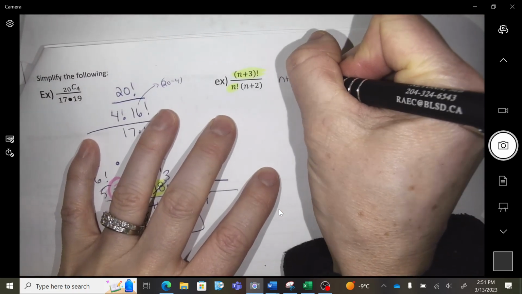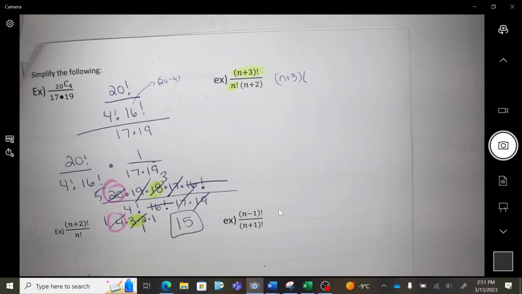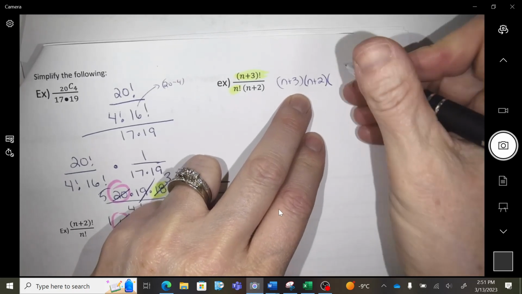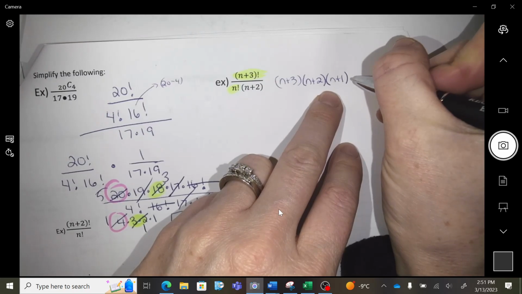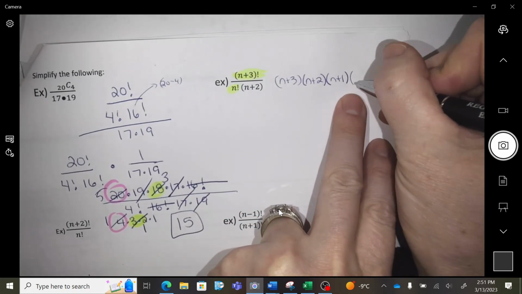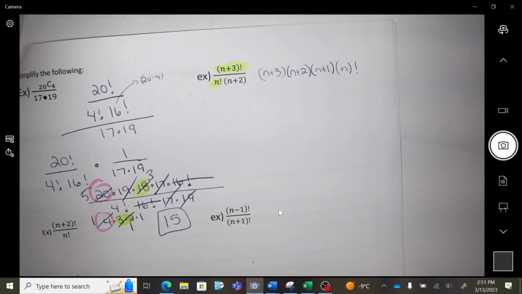So n plus 3. What's one lower than n plus 3? N plus 2. What's one lower than that? N plus 1. What's one lower than n plus 1? N factorial.